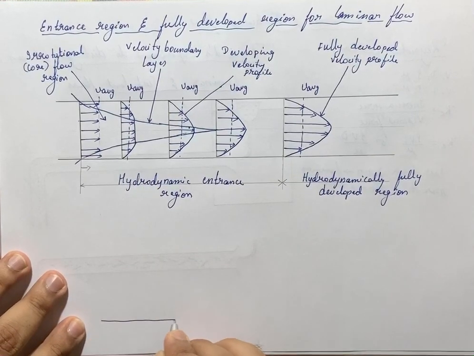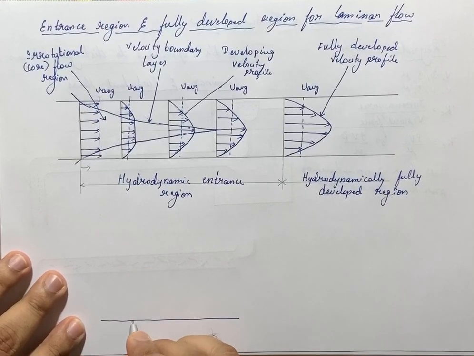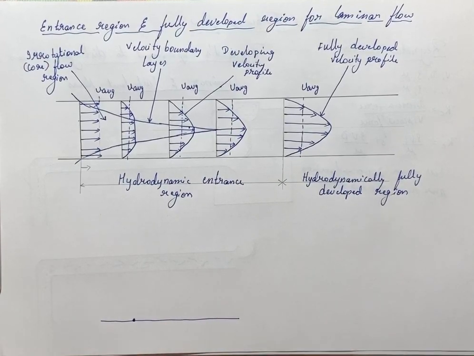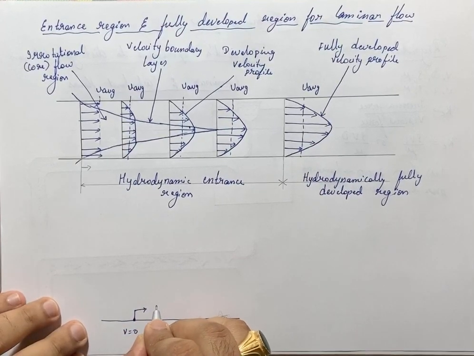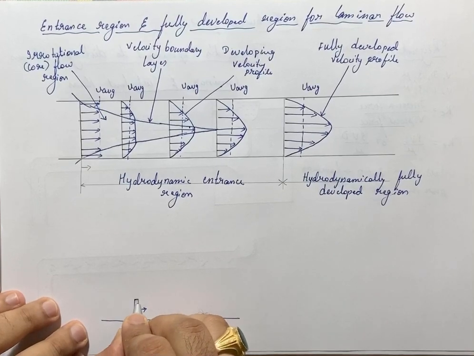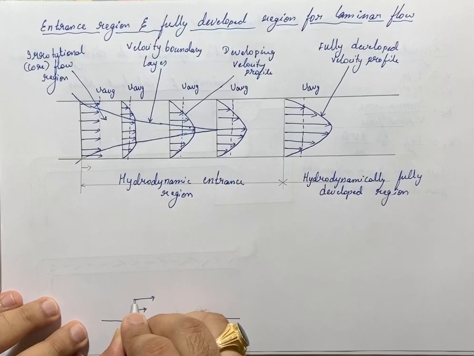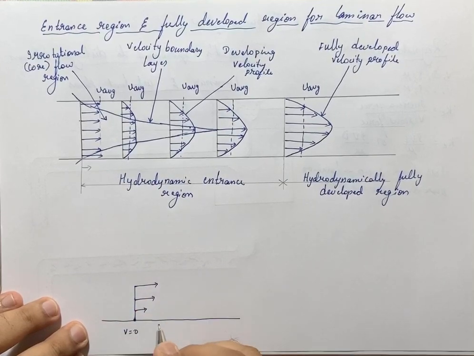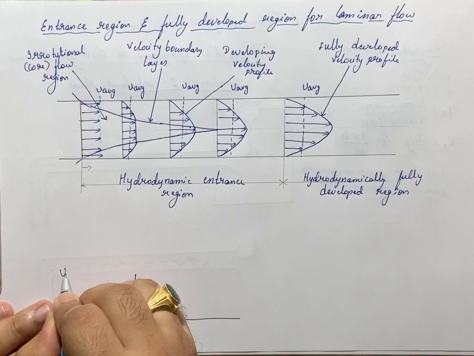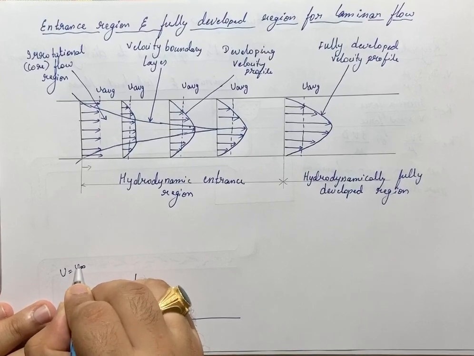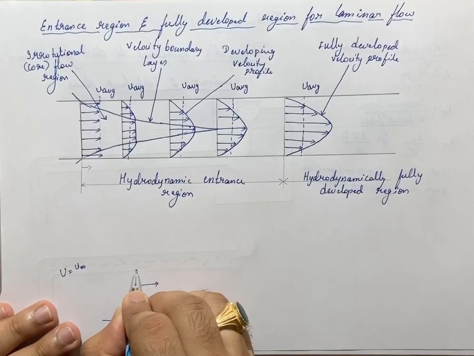That means when a fluid is flowing over a surface, the fluid in contact with the surface will have velocity 0. At a little bit higher point, the velocity will increase, and a little bit higher, the velocity will be more again. At some point, let us say the velocity u is equal to u infinity. U infinity is the inlet velocity, and that velocity will be constant.